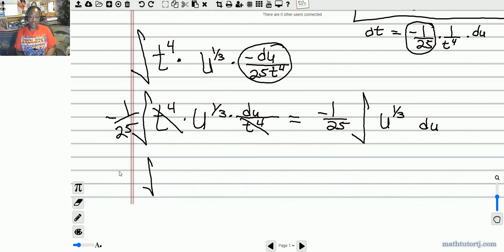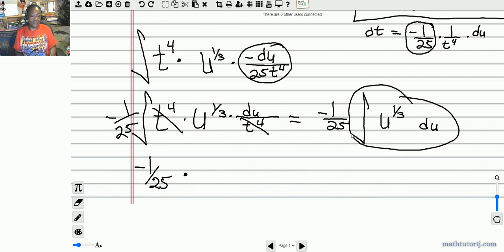Let's try that again. We have negative 1 over 25 times the integral of this, which is u to the 4/3 power over 4/3.